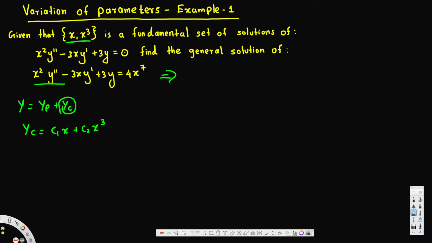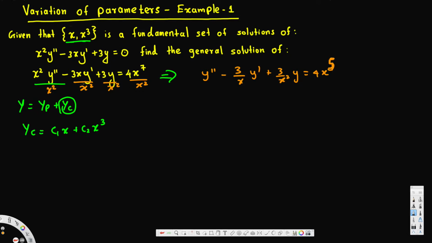Dividing everything by x squared, we get y double prime minus 3x over x squared, that is 3 over x, y prime plus 3 over x squared y is equal to 4x to the power 5.